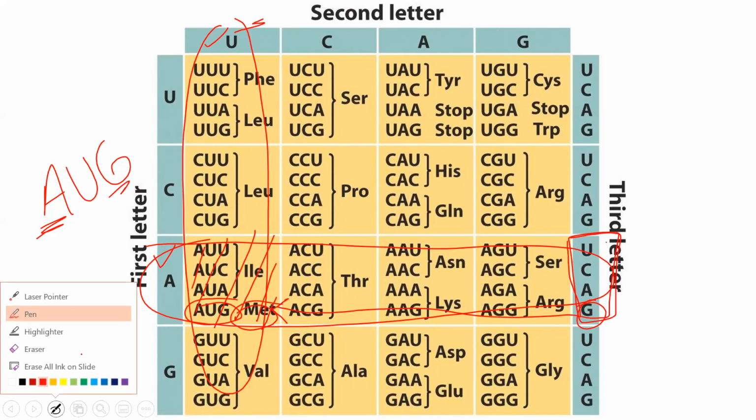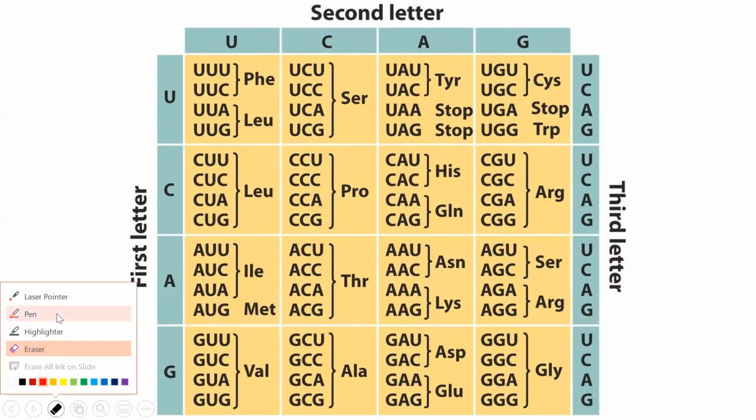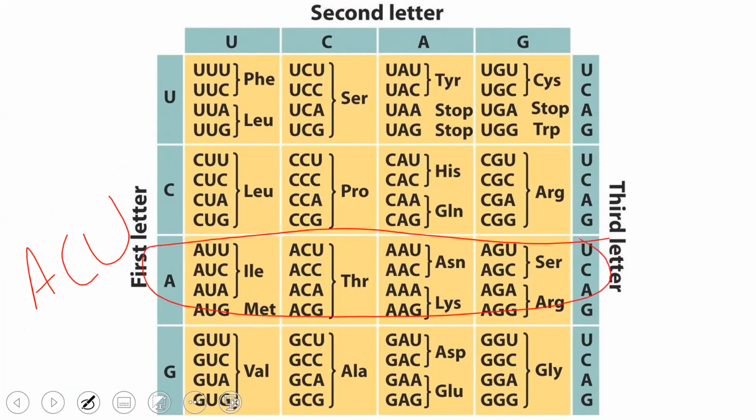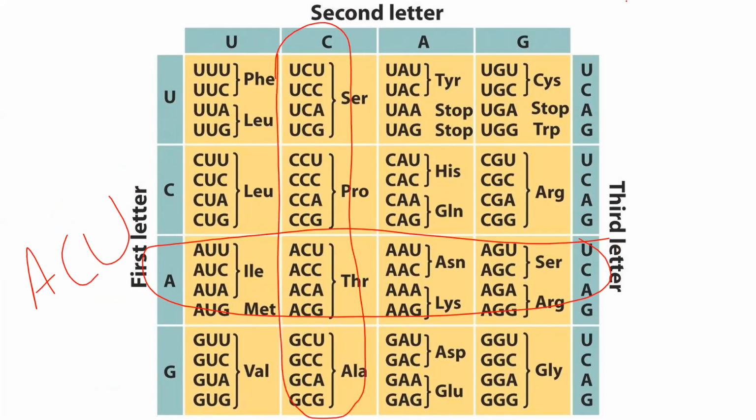Okay, let's do one or two more. Let's say ACU. For A, I have this row. For C, okay, this is C, right? I can't see because there's a green thing that won't budge. Okay, this is C. Oh, never mind, it can go down here as well.